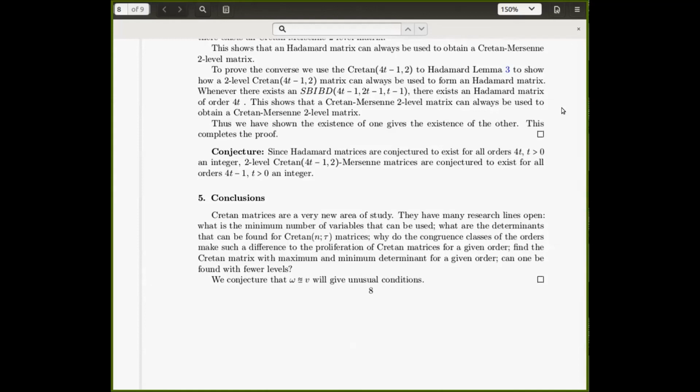What are the determinants that can be found for these Cretan matrices? Why do the congruence classes of the orders make such a difference to the proliferation of Cretan matrices for a given order? We want to find the Cretan matrix with maximum and minimum determinant for a given order. Can one be found with fewer levels? And we conjecture that if omega is approximately equal to V, we will get some unusual conditions.